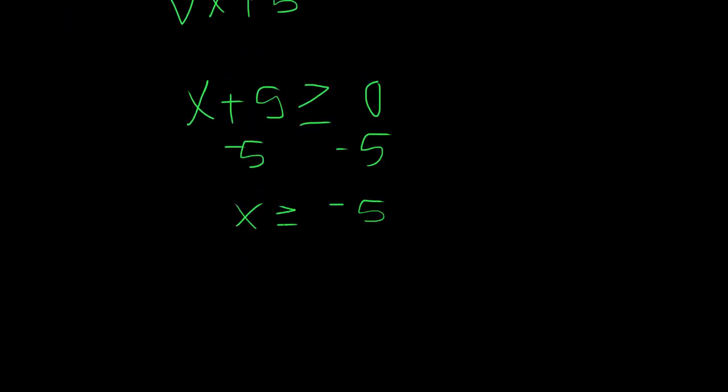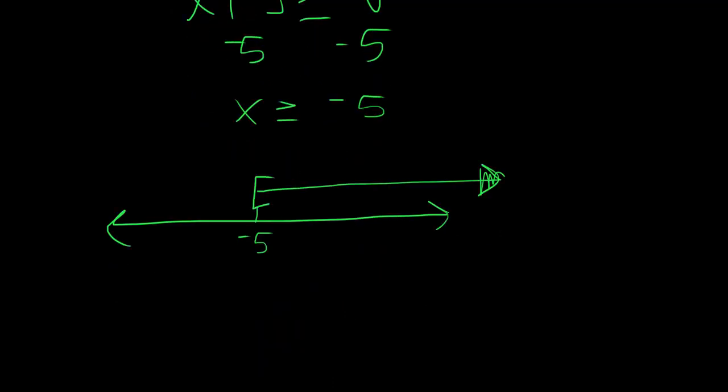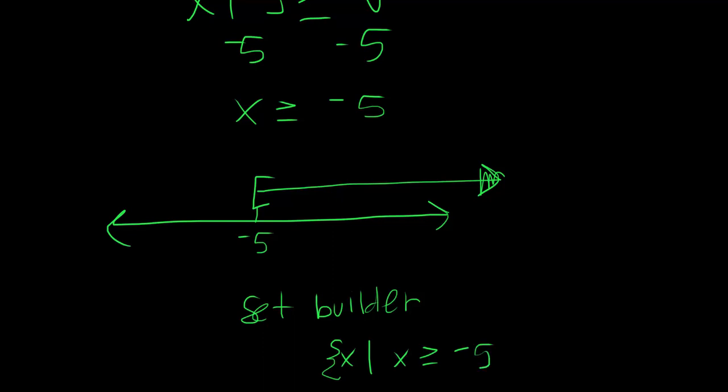And so that we can do our notation, I'm going to draw a quick graph. And we have negative 5 right here. And I have that x is greater than or equal to negative 5. So in set builder notation, it would be x such that x is greater than or equal to negative 5.